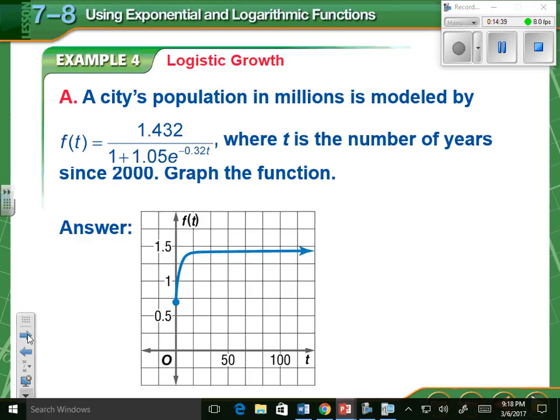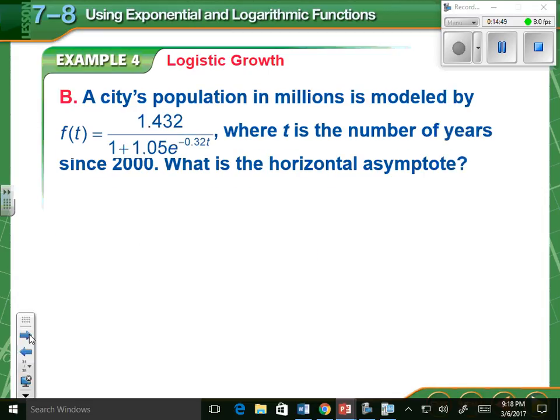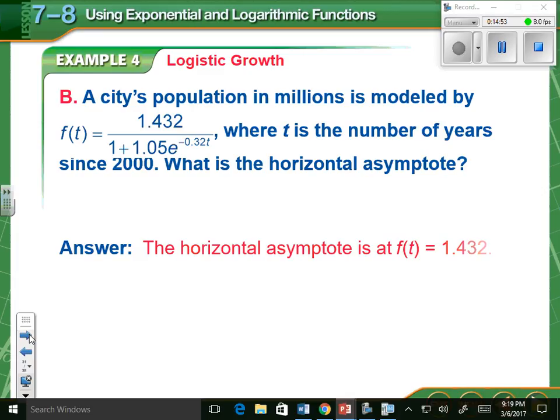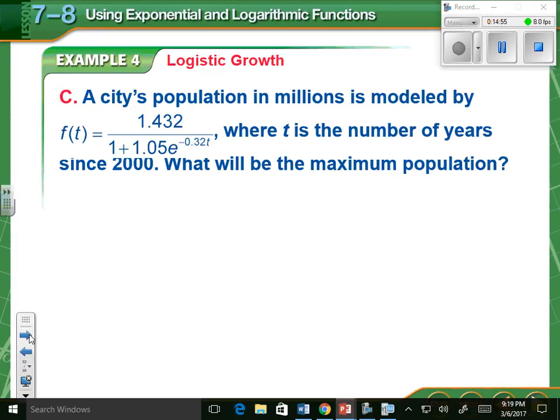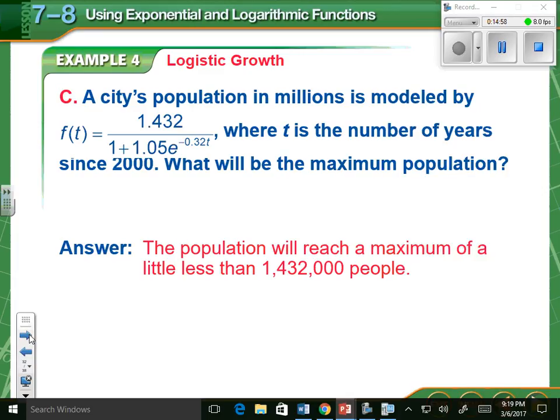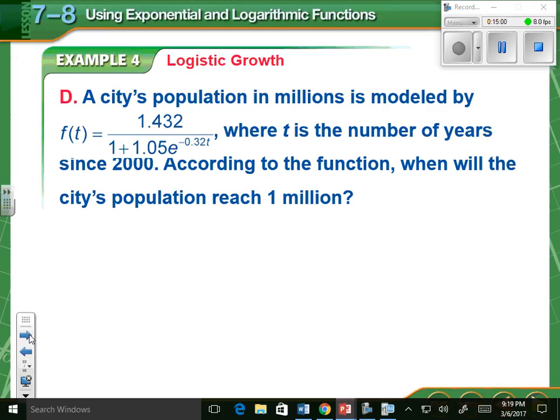It looks something like this. Just put it in y equals, and you can see the curve. And it starts out, and then it sharply levels off. The question I have on your paper is, when will the city's population reach 1 million?